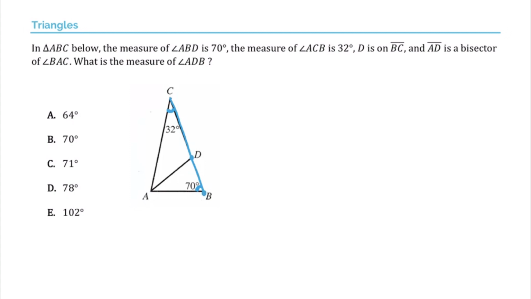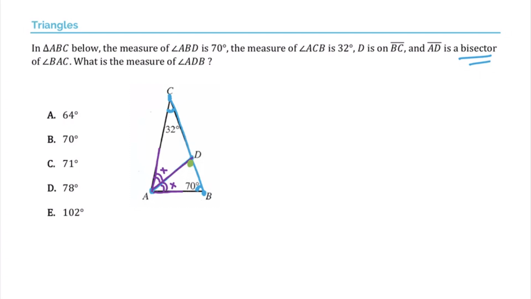So from B to A to C. If this line AD is a bisector, that means that it is cutting it in half, which means that this angle, which I will label X, is the same as this angle, which I will also label X. Because again, if this line is cutting this angle right here in half, that's what a bisector is, then each of those angles is X. So the question is asking us, what is the measure of ADB? So the correct answer to this question is going to be when we can figure out what is this angle here.